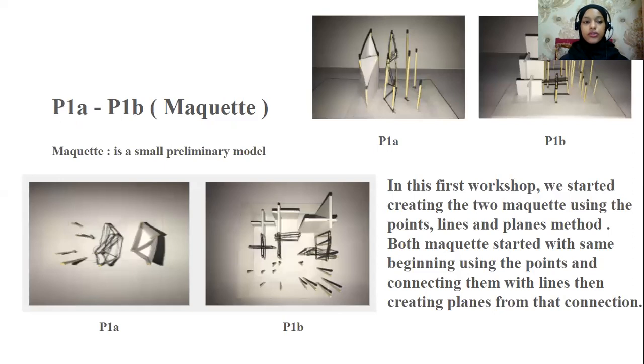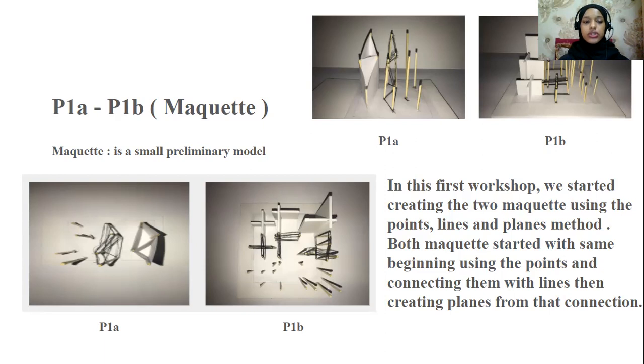So on the first 2 parts of the project, the maquette is a small preliminary model. As you can see on the pictures, these are the models, project 1A, project 1B. In this first workshop, we started creating the 2 maquettes using the points, lines, and planes method.